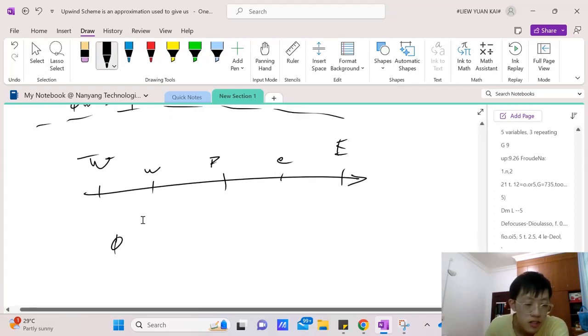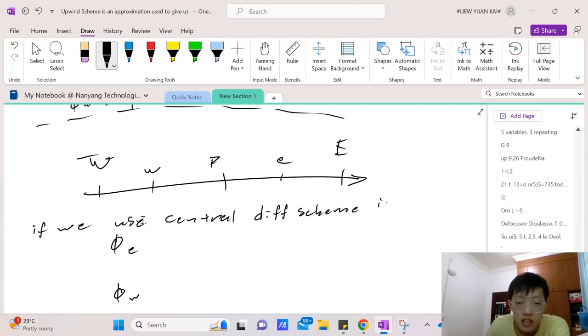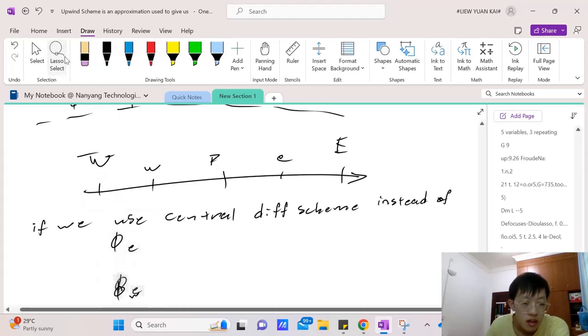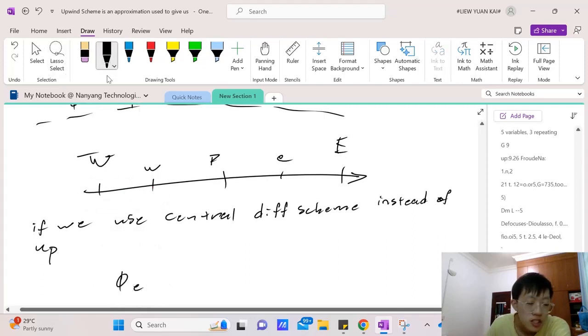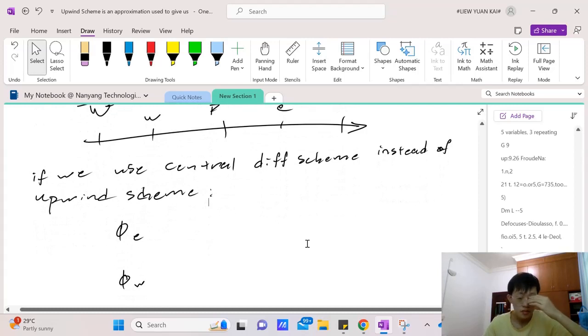Again, we always don't know what phi e and phi w are. So if we want to use the central differencing scheme instead of the upwind scheme, what would that look like?